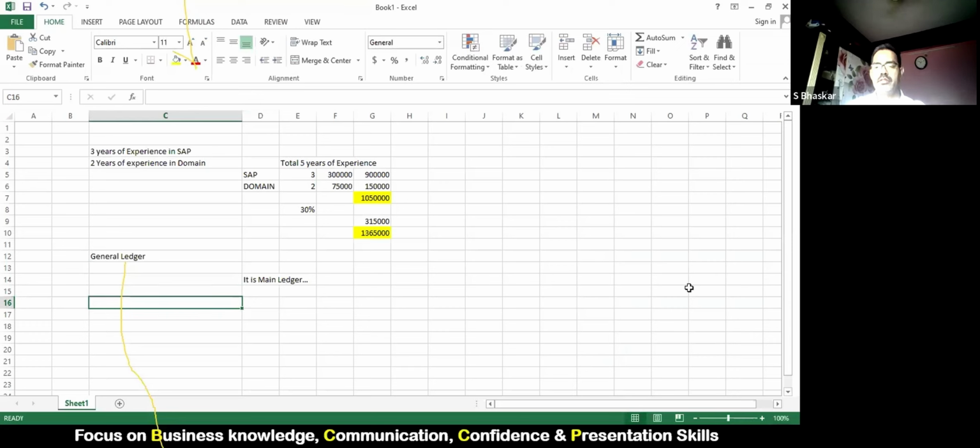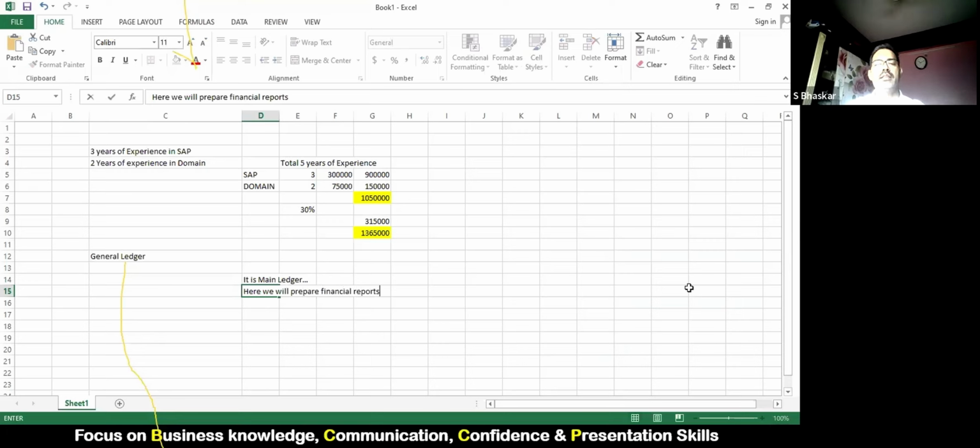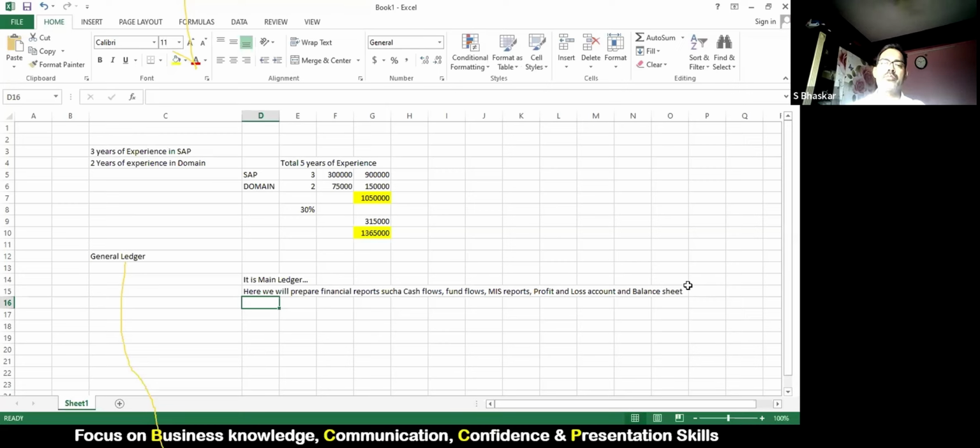Here, we will prepare financial reports such as cash flows, fund flows, MIS reports, profit and loss account, and balance sheet. So here only you're going to design all your financial reports.